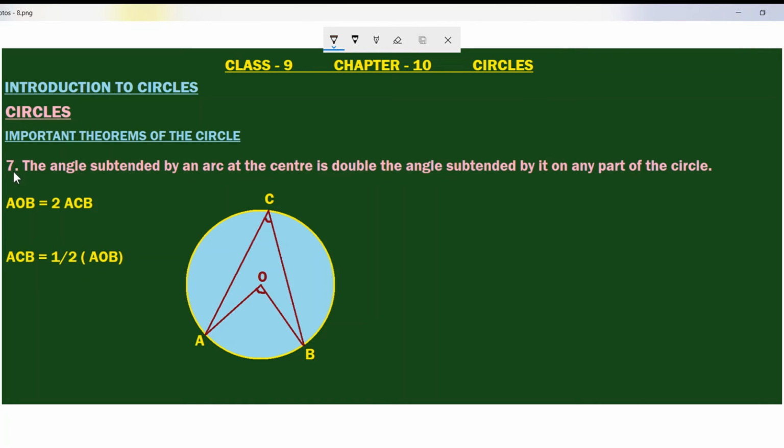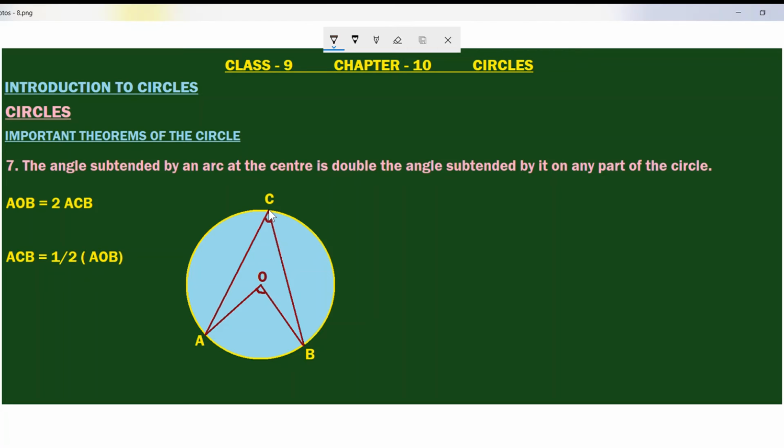Theorem number 7. The angle subtended by an arc at the center is double the angle subtended by it on any part of the circle. Here we have taken one arc AB. This arc subtends an angle at the center O and at any point on the circle as well.